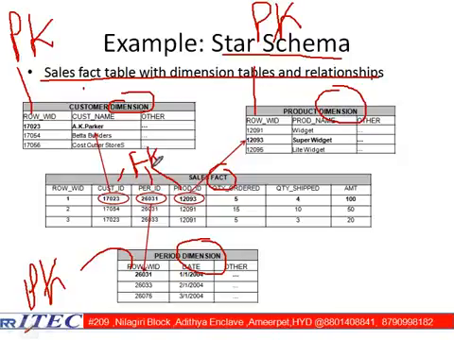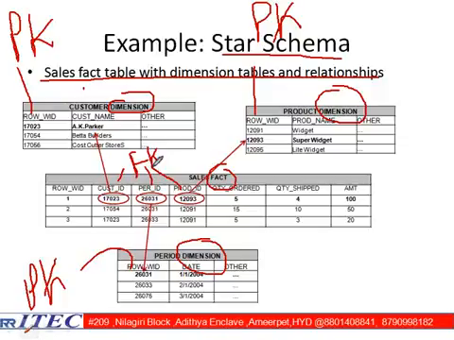Once you look it up, the key values that are available are going to populate into what, sir? The fact table. That means first we are going to load the dimension table, second the fact table. So the primary key in the dimension tables is going to act as a foreign key in the fact table. That is the main point.